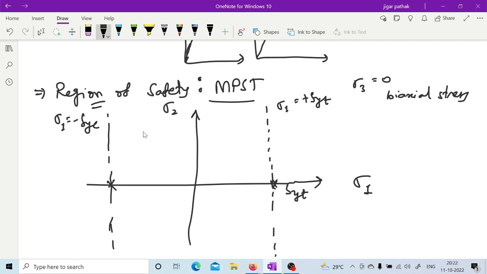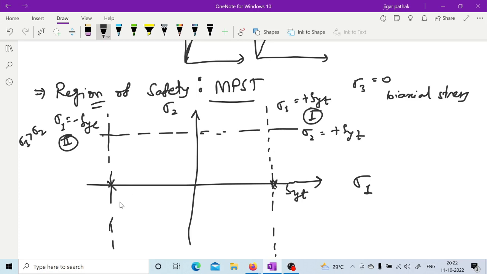The first and second lines are both drawn with the assumption that sigma 1 is greater than sigma 2. Now if sigma 2 is greater than sigma 1, then in case of tension you will have a line here which says sigma 2 is equal to plus S_yt, and in compression you will have a line here which says sigma 2 is equal to minus S_yc.